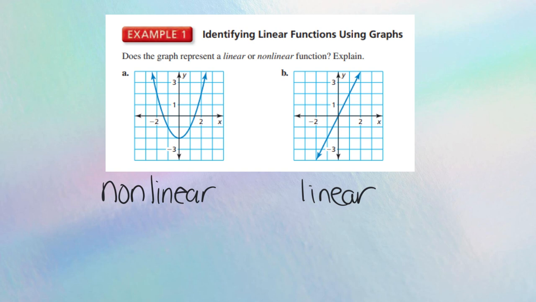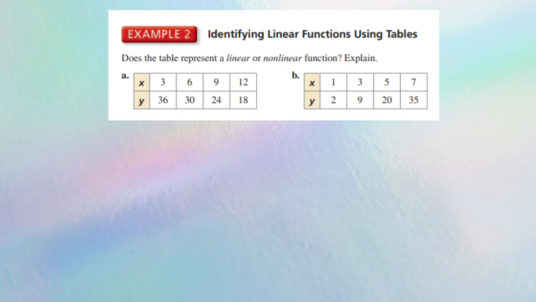This is when you identify it using the graph. Now we're going to identify the function using tables, okay? Does the table represent a linear or non-linear function? Let's look at A. What does X go by?